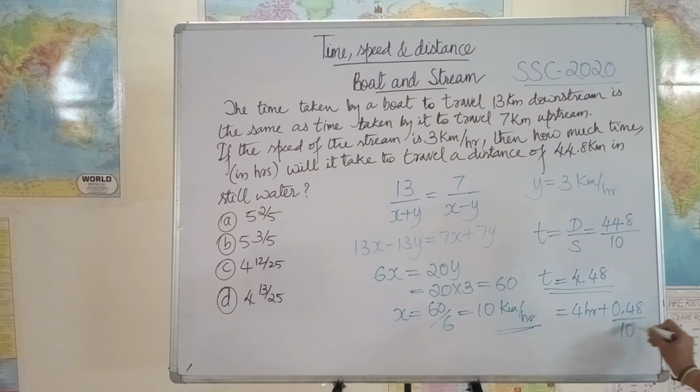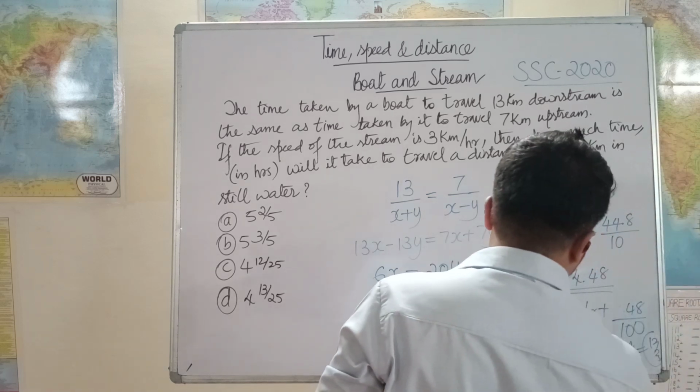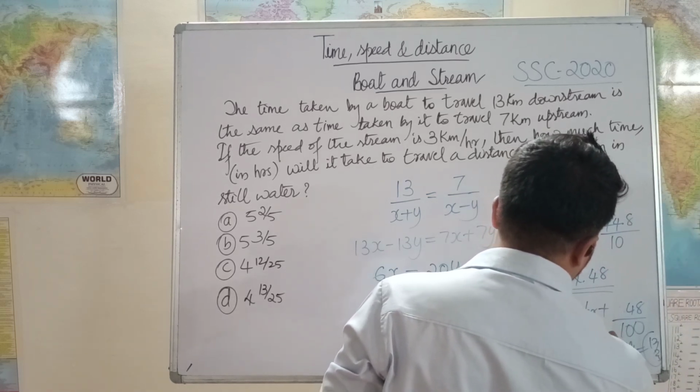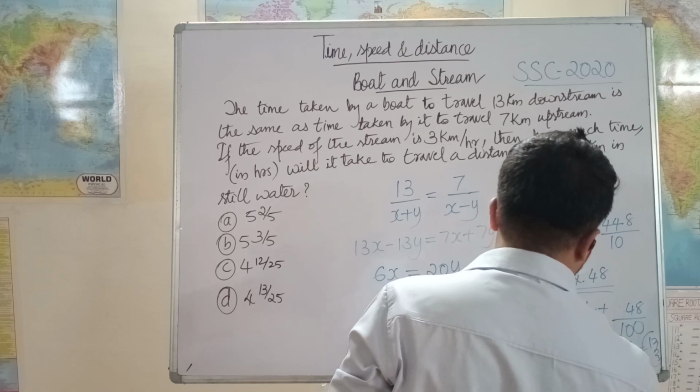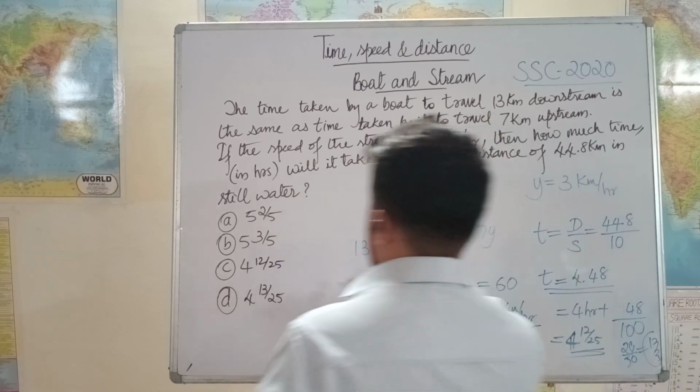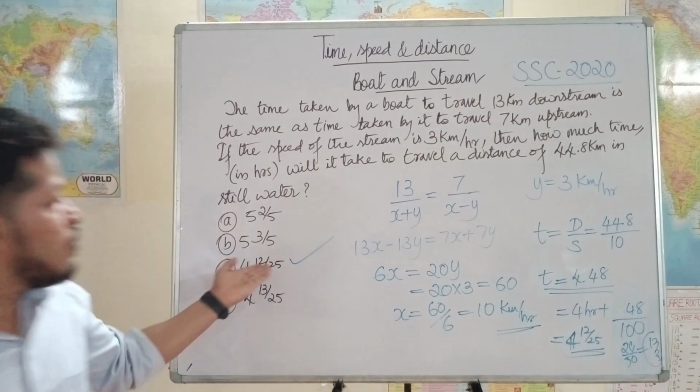Divide by 100. 0.48 I can write as 48 by 100. This becomes 24 by 50 or 12 by 25. Okay, we have that option. We have 4, 12 by 25 as the option. So option C, 4, 12 by 25, is the answer.